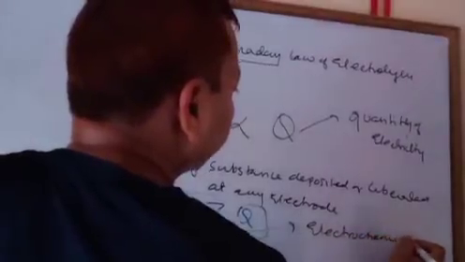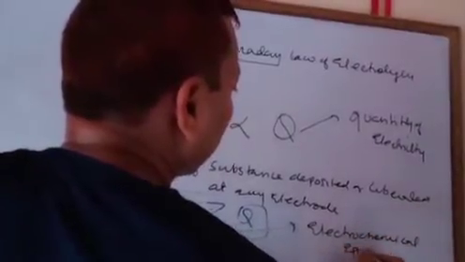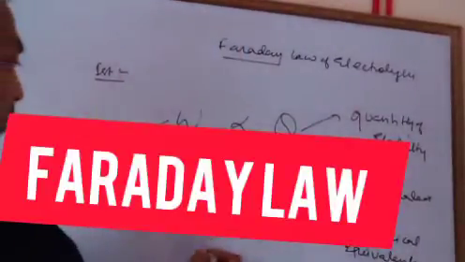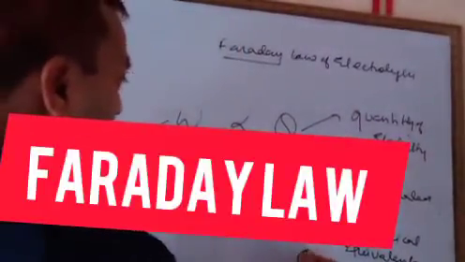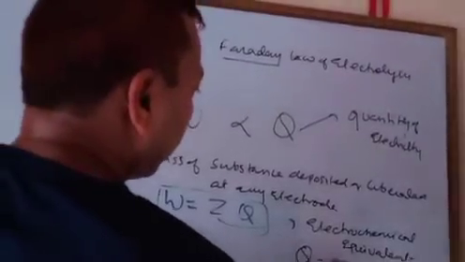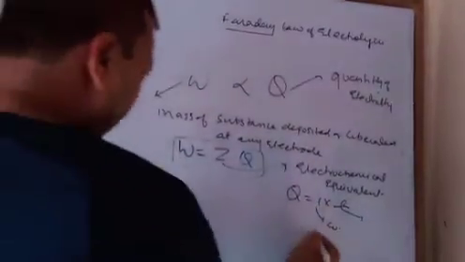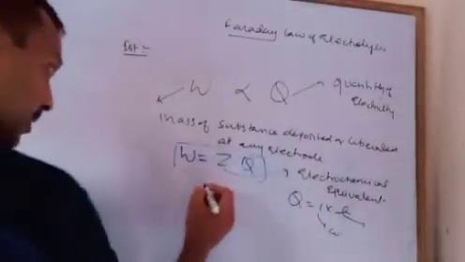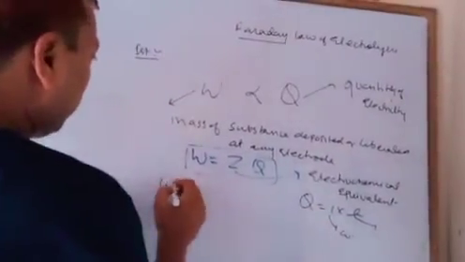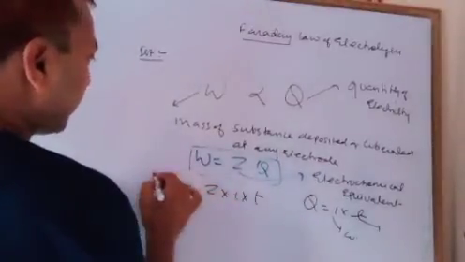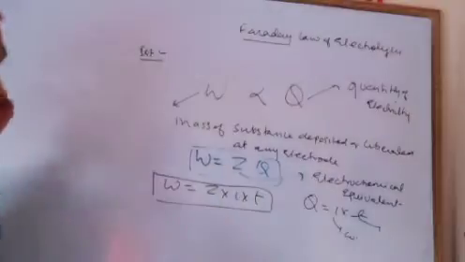Now we know that Q is equal to I into T. I is current in ampere, T is the time in seconds. Charge unit is coulomb. So here W is equal to Z into I into T. This is the mathematical equation for Faraday's first law.